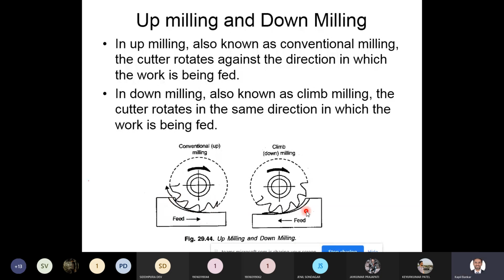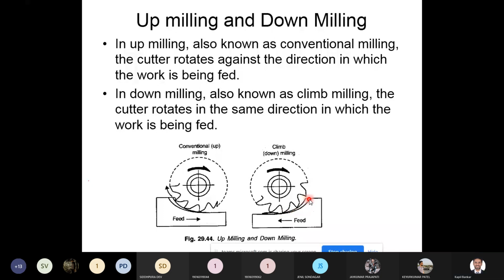While in down milling, what happens? From here your metal will be removed in the form of a chip. So here it will start with the maximum cut, and at the end of the cut it is minimum. See, here chip thickness is minimum, and here chip thickness is maximum.